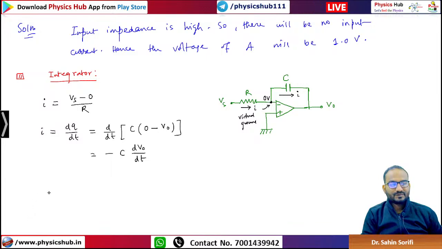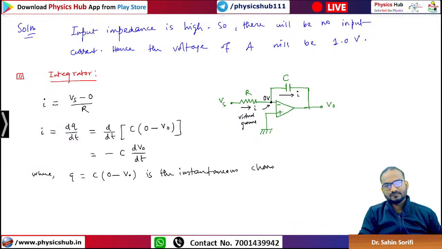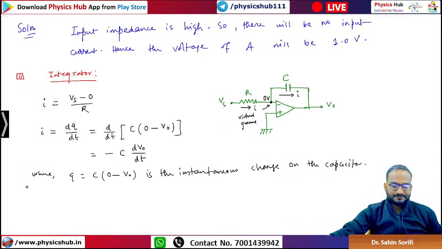Where Q is equal to C into (0 minus V0), the instantaneous charge on the capacitor. Clear?